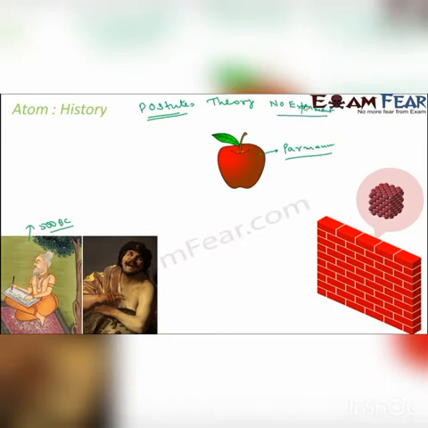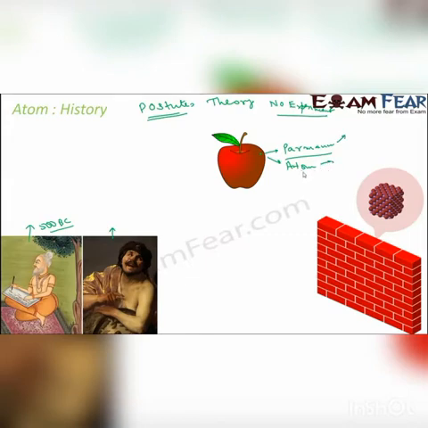And at the same time, Democritus and Leucippus suggested that if we go on dividing the matter, a stage will come beyond which we'll not be able to divide them further, right? And that particle which we will not be able to divide further will be called atom. So the same particle they called atom. So Parmanu was the name given by Indian Maharishis, atom was the name given by Democritus for the same thing.